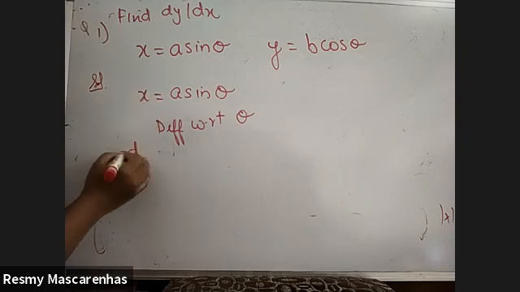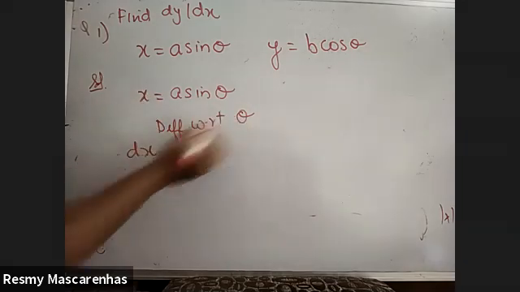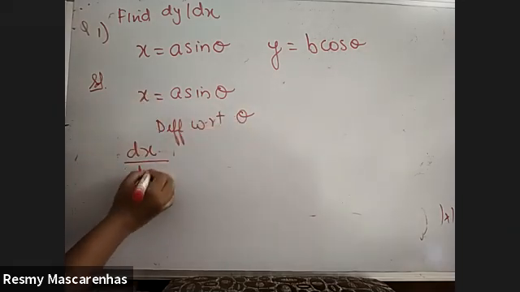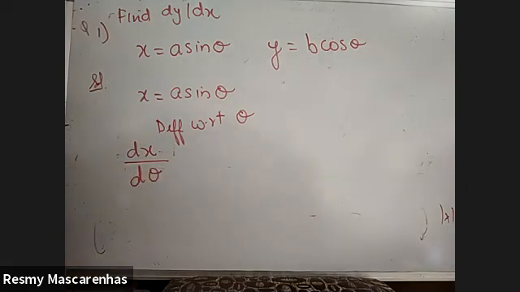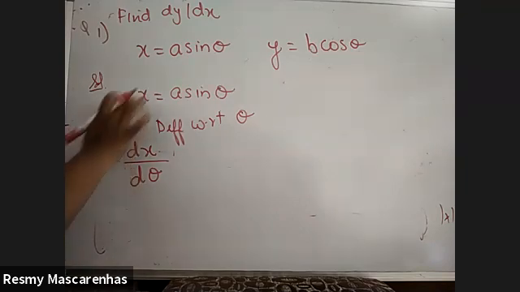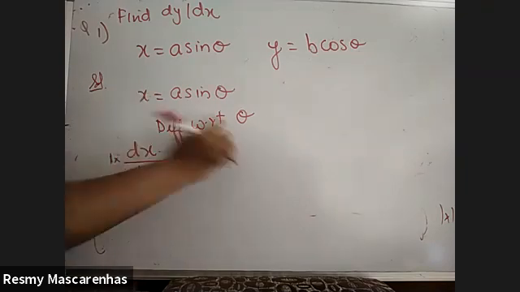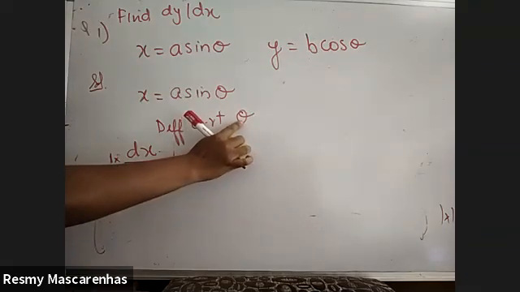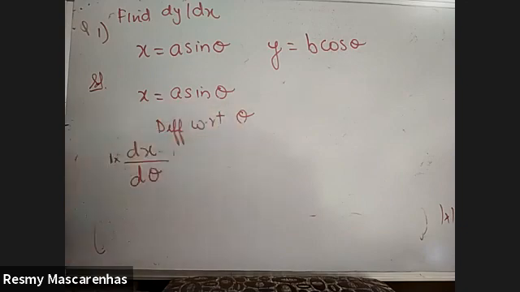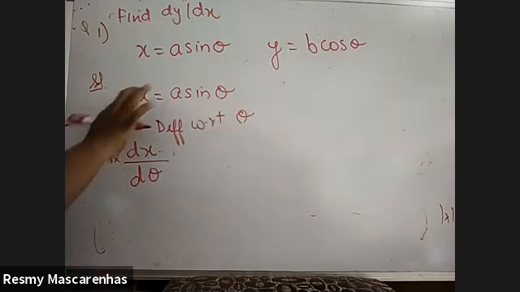But now it is with respect to theta. So you have to write dx upon d theta. Derivative of x is anyways 1, but we are differentiating with respect to theta, not with respect to x. That's why you have to write extra dx upon d theta.